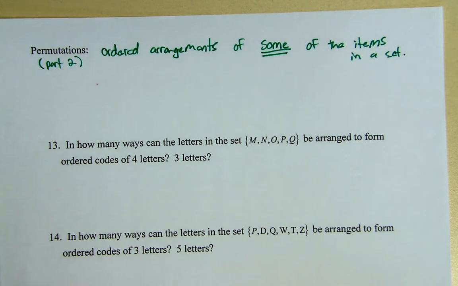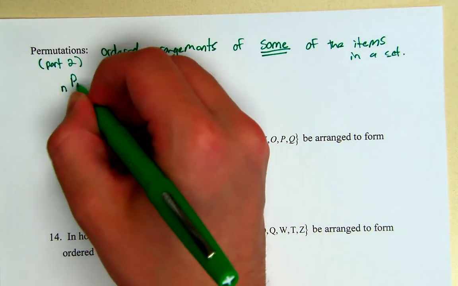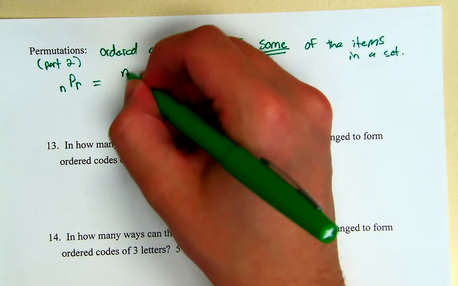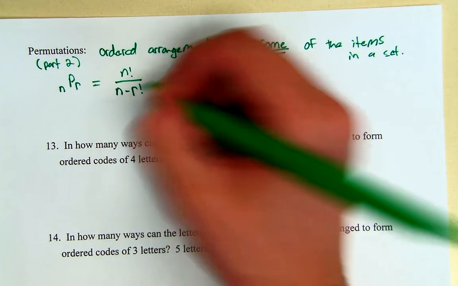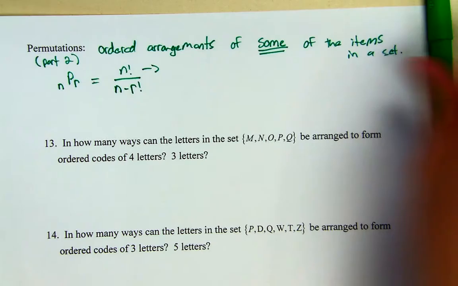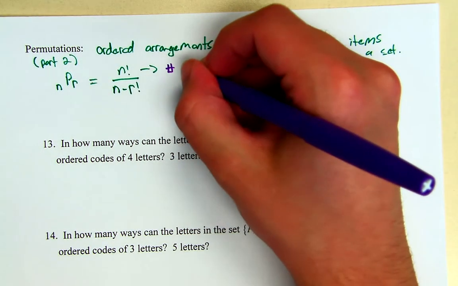Alright, so the way this goes is now this is the true nPr, where nPr stands for n factorial, but we need to divide out the ones that repeat. So n factorial on top stands for the number of ways we arrange n items.